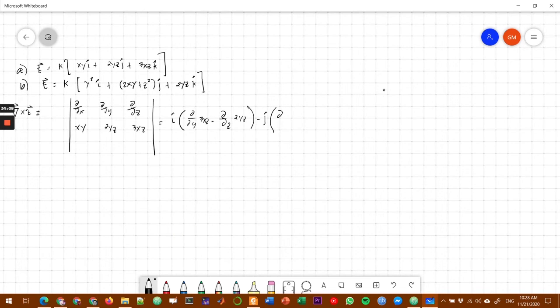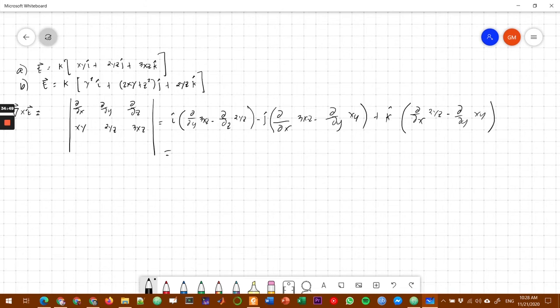So this would be partial x of 3xz minus partial z of xy. Then partial x of 2yz minus partial y of xy.